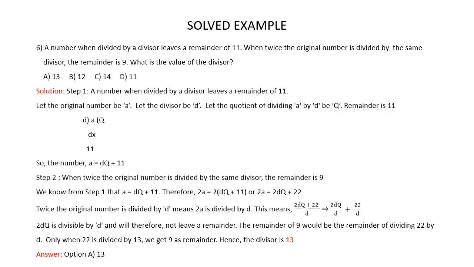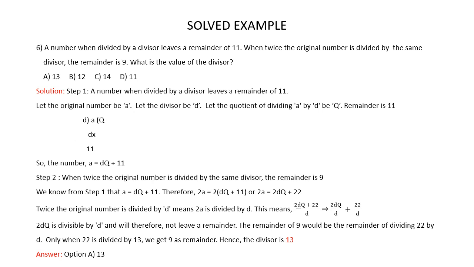So when you divide A by D, you get Q as the quotient and 11 as the remainder. So the number A is equal to divisor multiplied by quotient plus remainder. So the number A is equal to DQ plus 11.